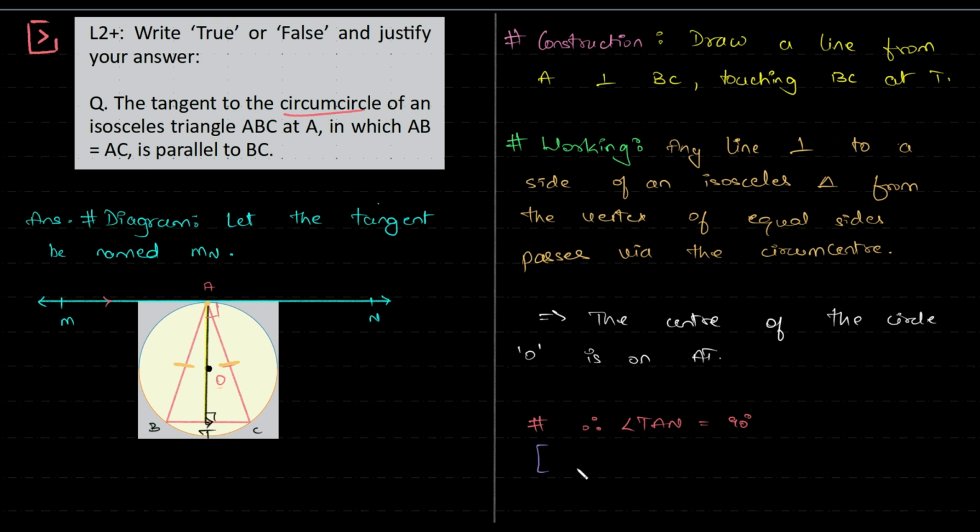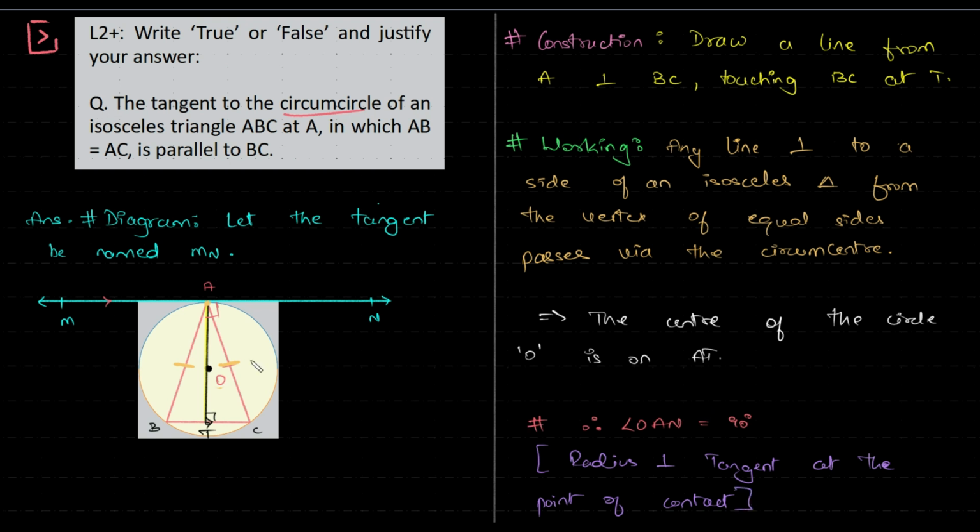Yes, the reason being the radius is perpendicular to the tangent at the point of contact. Or I can rewrite this as angle OAN is equal to 90 degrees, and this is the reason.